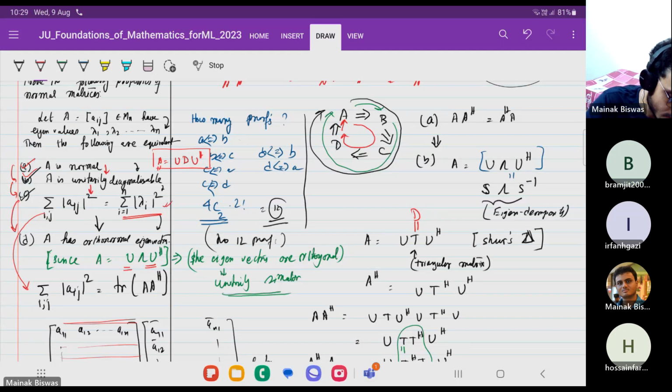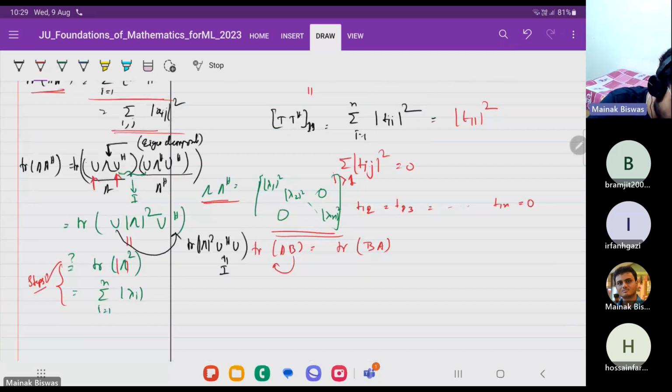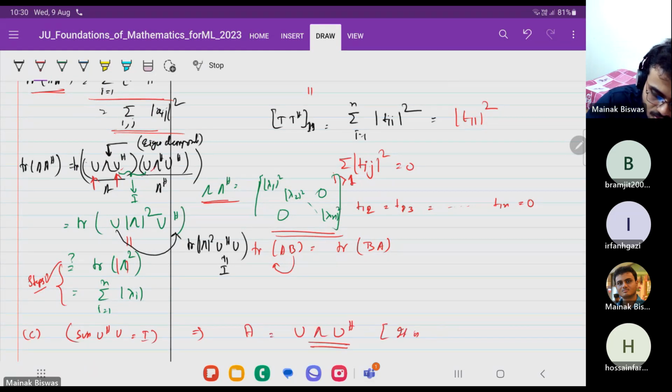Look at this step. These two were perpendicular, right? U Hermitian and U. So since U Hermitian U is equal to I, what can I say? C to D. Then we can write A as U sigma U Hermitian. So it is unitarily diagonalizable, so it has eigenvectors that are perpendicular.